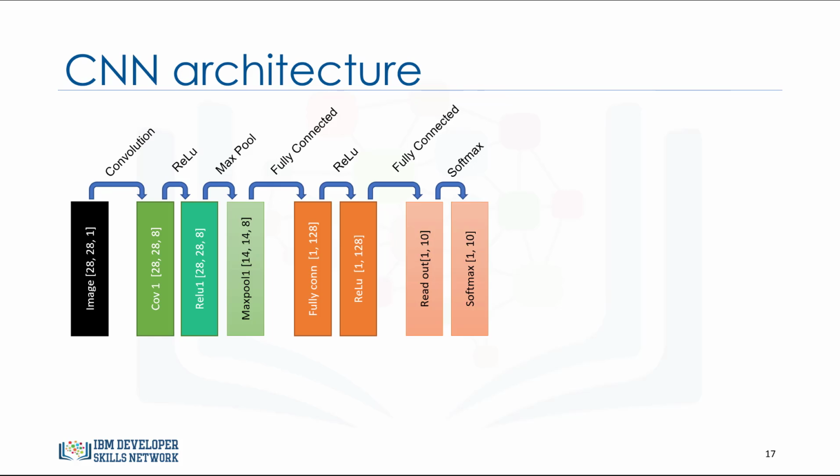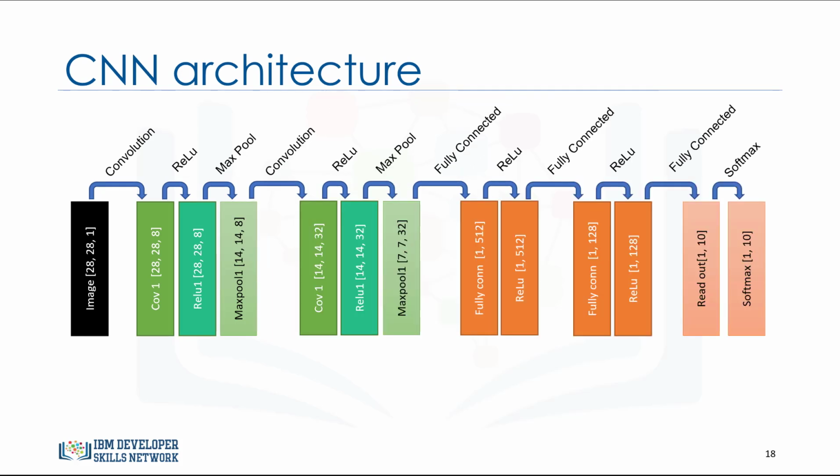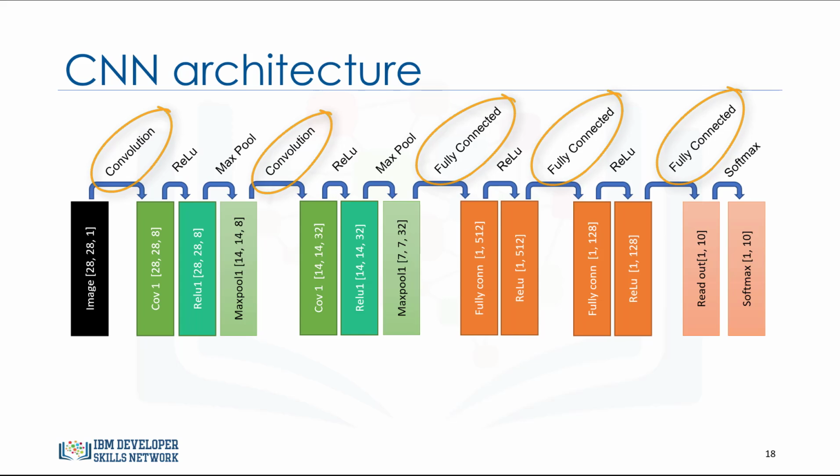As you can imagine, though, a typical CNN architecture for an image classification can be much more complicated. It can be a chain of repeating conv, ReLU, maxpool operations. For example, here we see more than one convolutional layer, followed by a few fully connected layers.